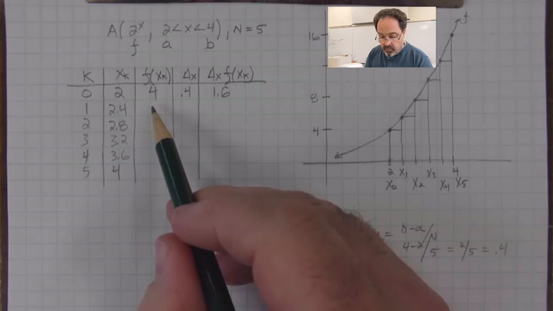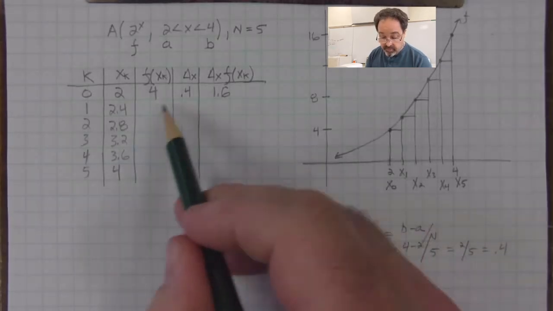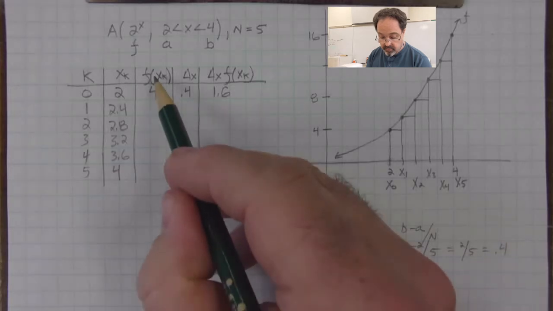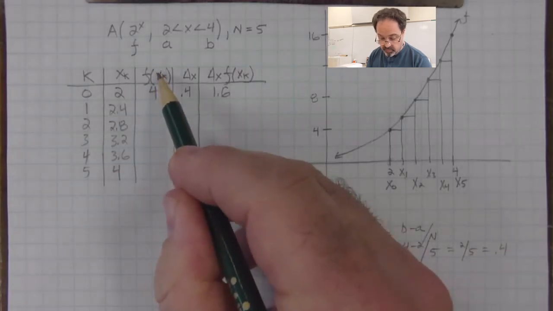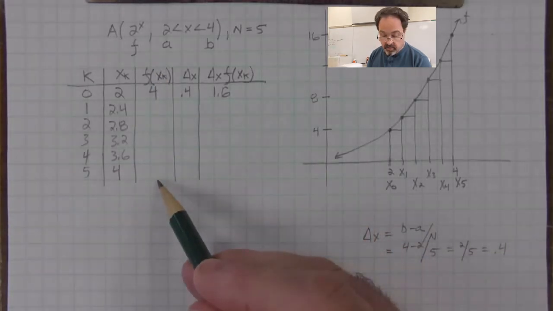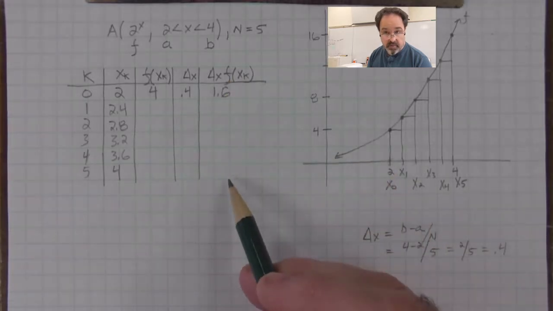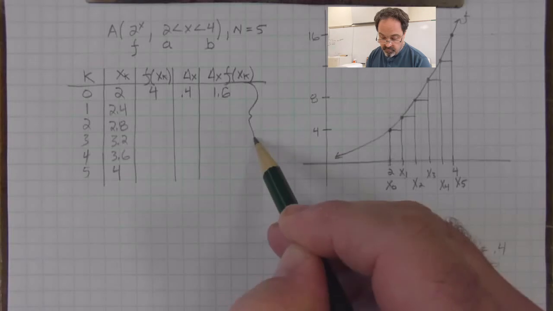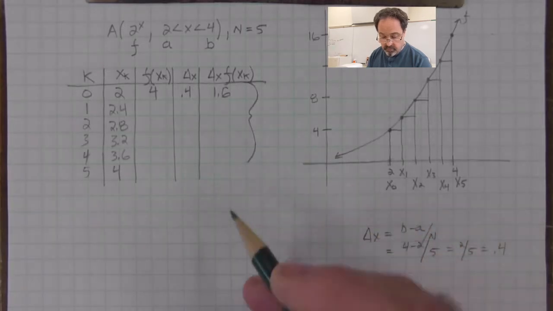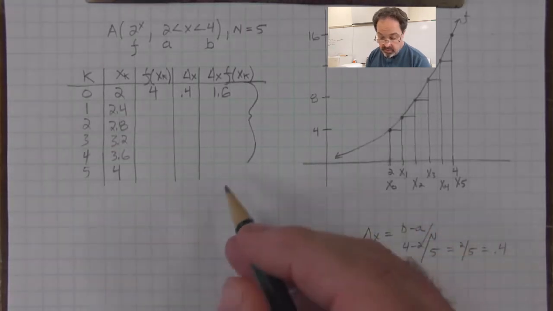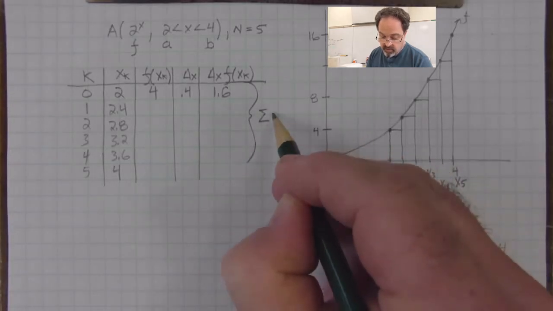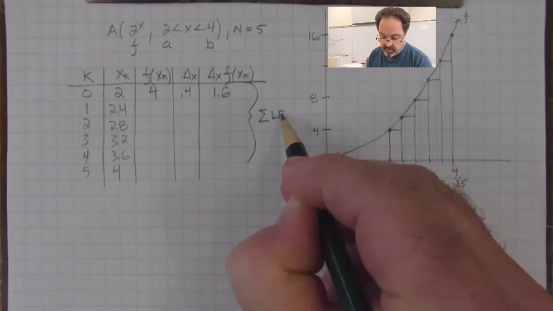Now, I could go and complete this table and fill in all of the possible rectangle heights and all of their areas. And if I did, I would be adding the first 5 in this table that includes 6 rectangles, and I would add them together to produce the left rectangle estimate.